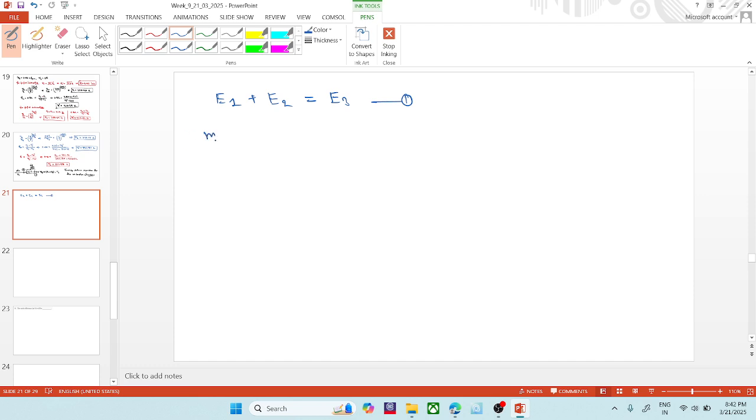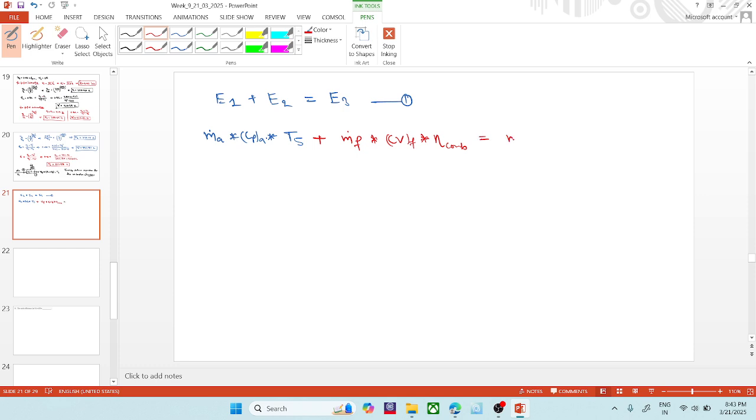Energy at point 1 is m dot air into Cp of air into T5, the temperature at which the air is entering the combustion chamber, plus the heat entering with the fuel, which is m dot F into calorific value of the fuel into the combustion efficiency.